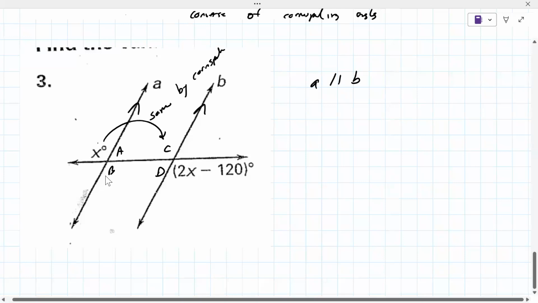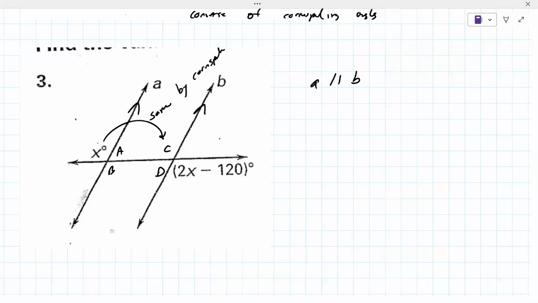They're vertical angles. Okay. Just trying to get your vocabulary up.